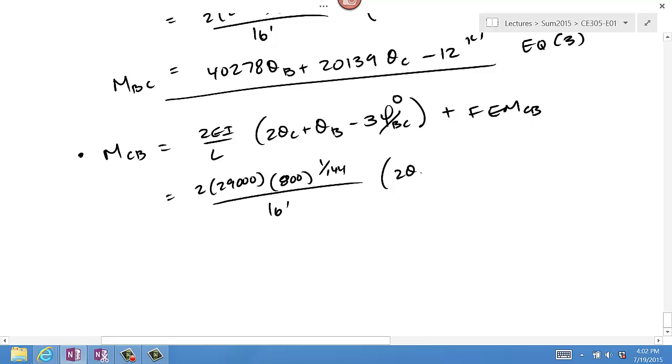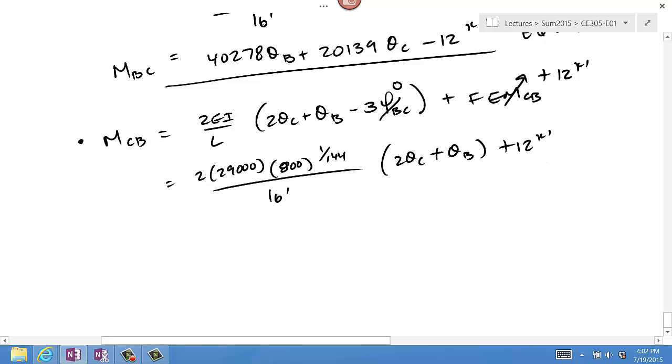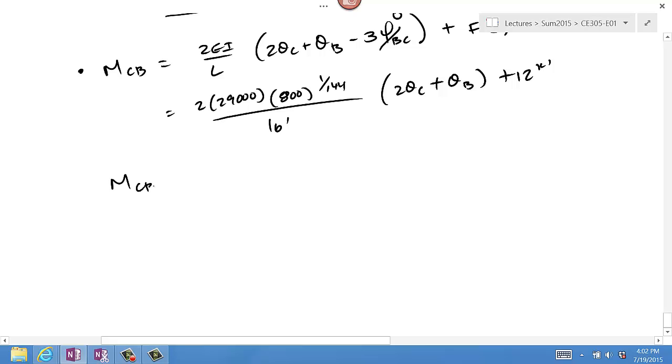In the parentheses, we have 2 theta C plus theta B, and then the FEM is positive 12 kip feet. So MCB is 40278 theta C plus 20139 theta B plus 12 kip feet. This is equation 4.